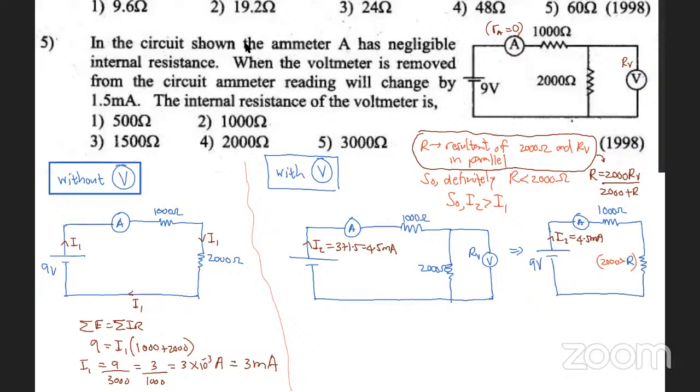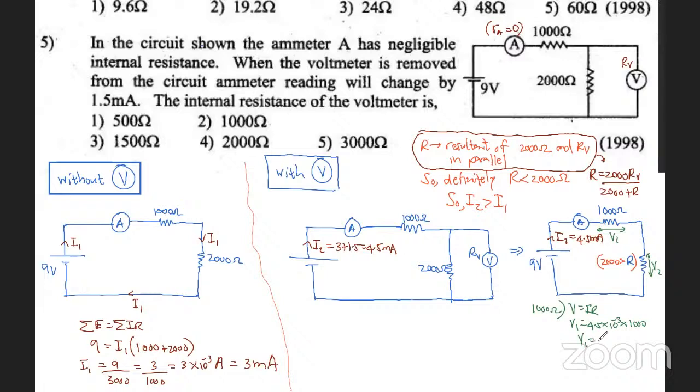Now see, we'll take the voltage across this one as V1, the voltage across this one as V2. V1 we can find how? For the 1000 ohm, if you put V equal IR, V1 is equal to 4.5 into 10 to the power minus 3 into 1000.